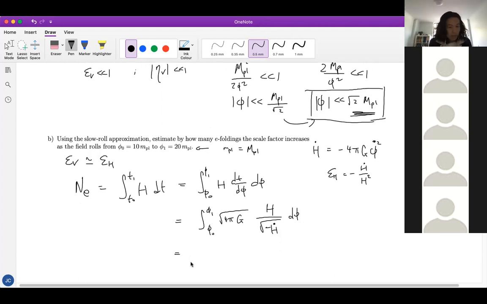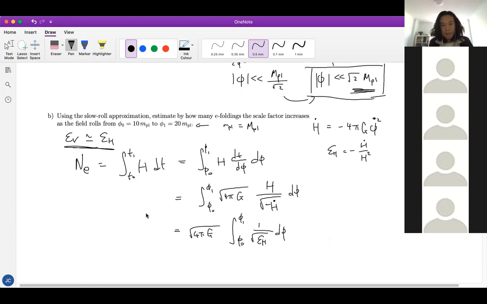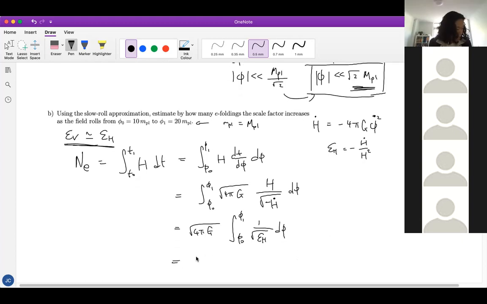Swapping those out, we get root 4 pi g times the integral from phi naught to phi 1 of 1 over square root of epsilon h d phi. Now we use the slow roll approximation to sub out epsilon h for epsilon v, and that gives us, approximately, this.